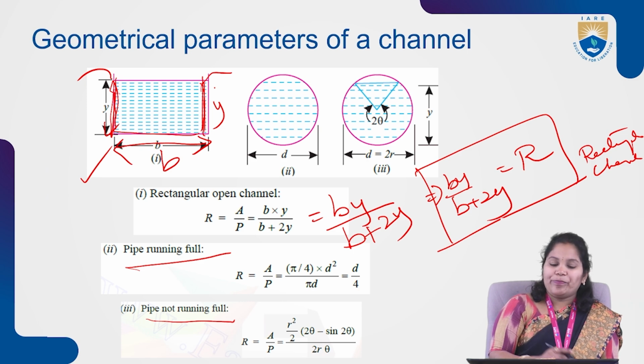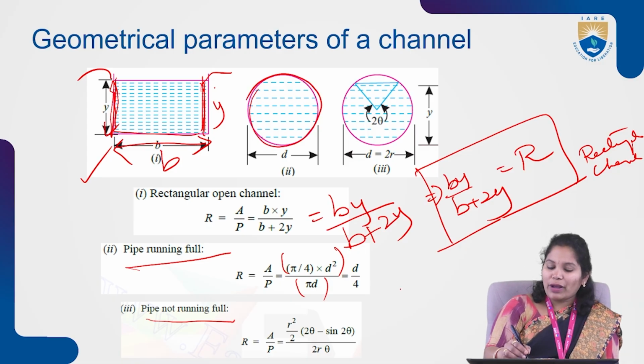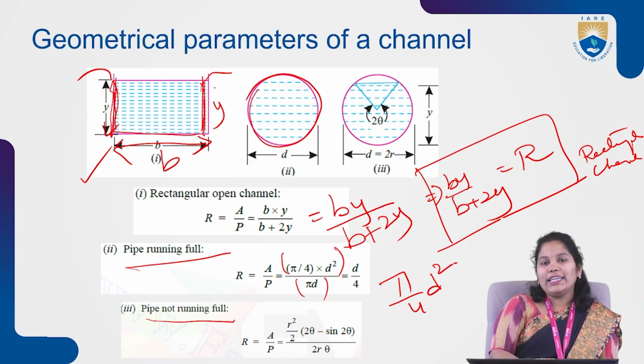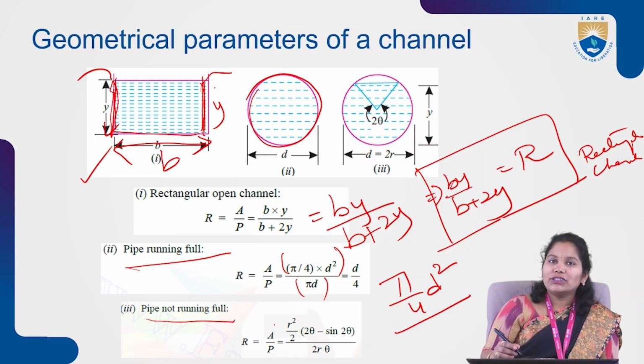Pipe running full. So, the area of the pipe and the perimeter of the pipe. What is the area of a pipe? Running full means the complete circle is getting wet. The area of a circle is pi by 4 d square. And the perimeter is 2 pi r, which in terms of d we can write as pi d.